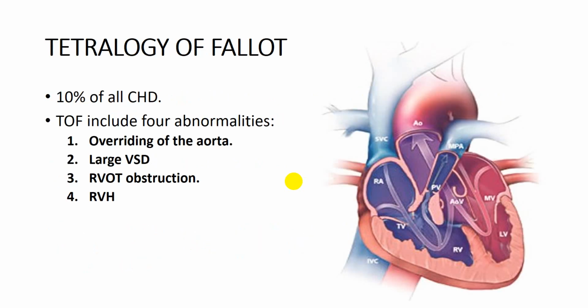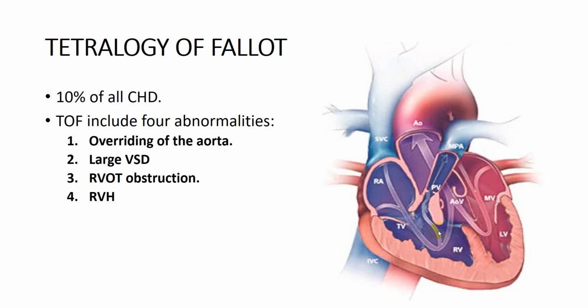From this diagram and these components of TOF, you can imagine the pathophysiology and hemodynamic changes that occur in tetralogy of Fallot. The venous blood return from the SVC and IVC enters the right atrium, passes through the tricuspid valve into the right ventricle.